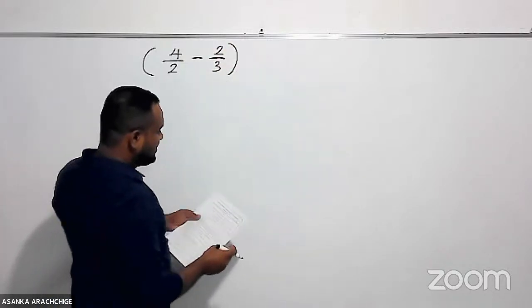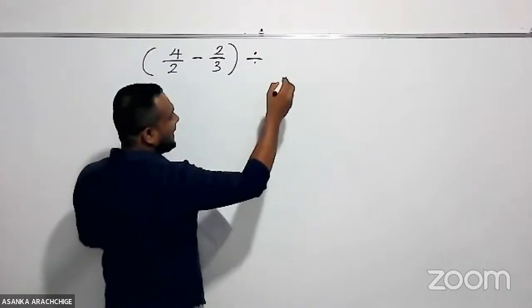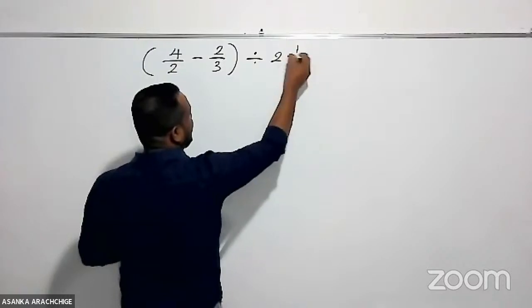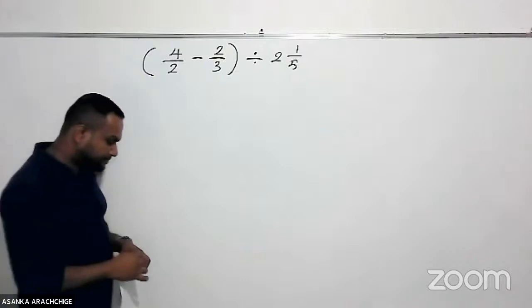Then division, 2 and 1 upon 5. Right. You know that one.